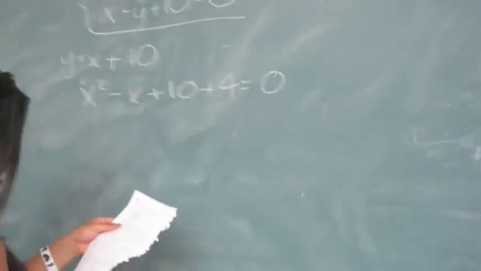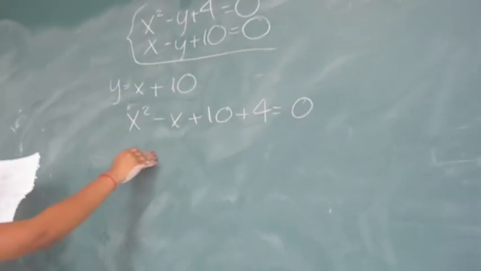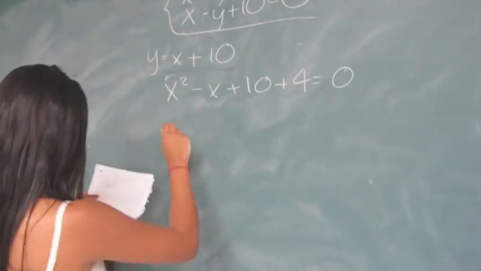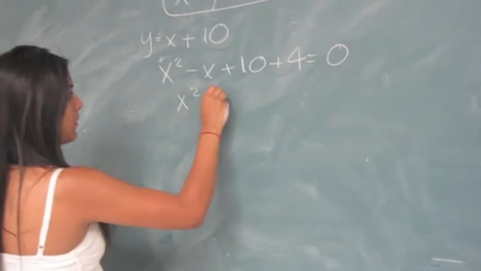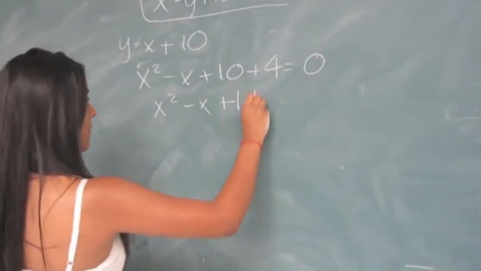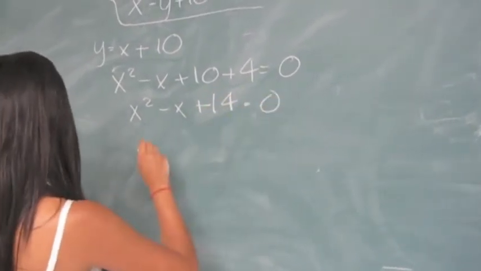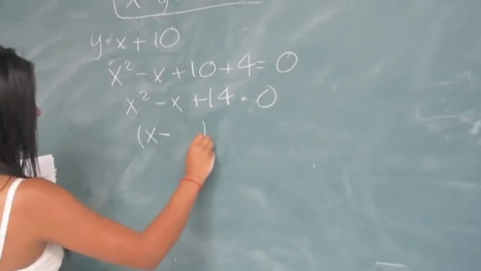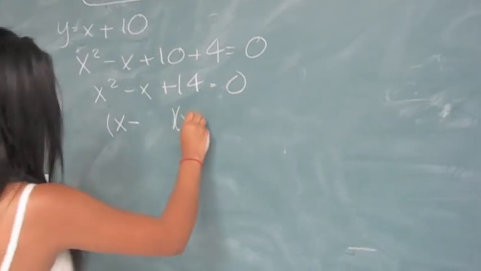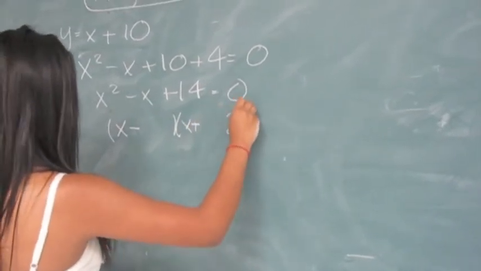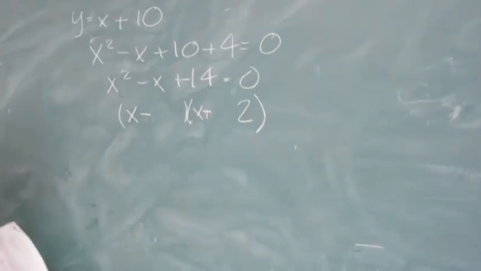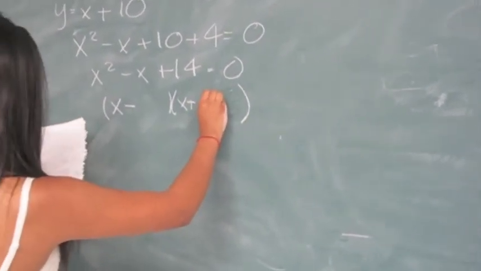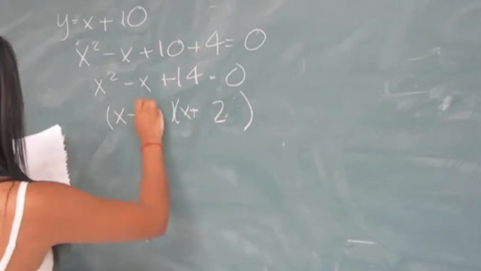And all you do from here then is start simplifying it, which is doing this. And then you just have to factorize it. Now, which two numbers? Oh, yes, it would be x plus 2 and x plus 3.